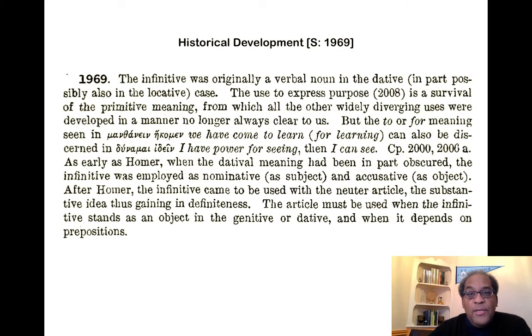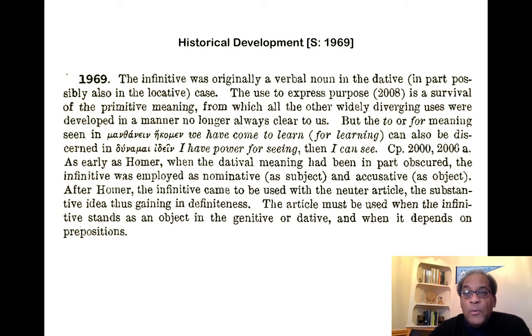Now, as for the historical development of the infinitive, it was originally a verbal noun in the dative, in part possibly also in the locative case. The use to express purpose is a survival of the primitive meaning from which all the other widely diverging uses were developed in a manner no longer always clear to us.